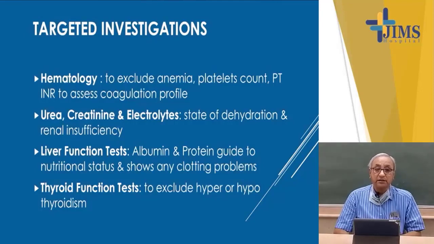Urea, creatinine, and electrolytes, of course, to see the hydration status of the patient and the renal status. Liver function tests, albumin, protein, bilirubin, these will show if the liver is functioning well, and also SGOT and SGPT, the primary enzymes of the liver.